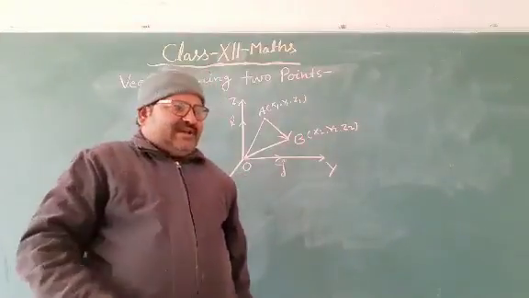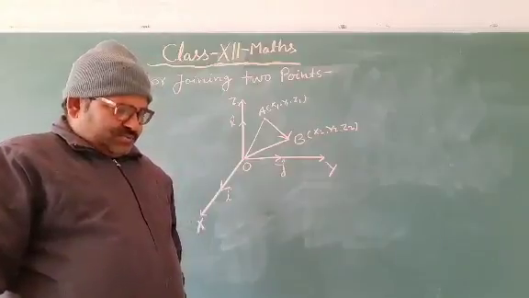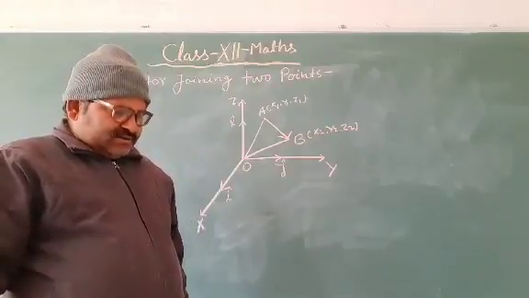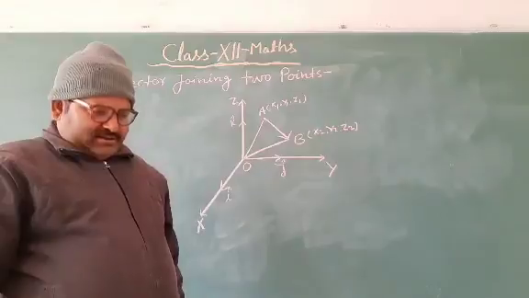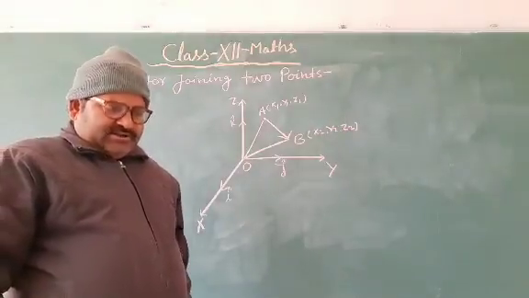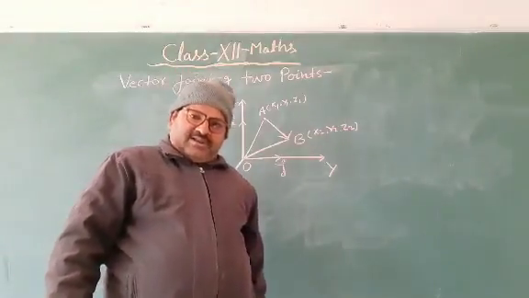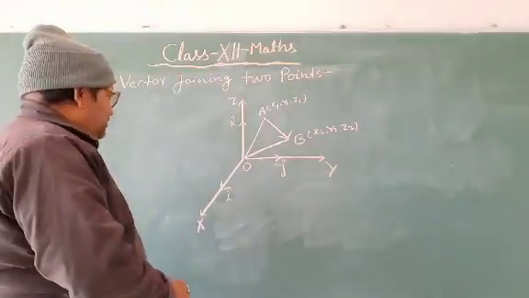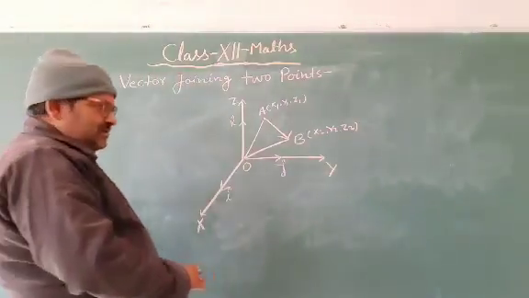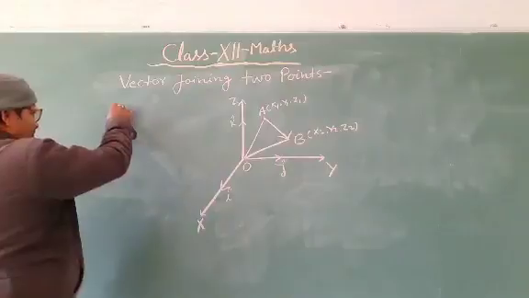Now the vector joining the two points A and B is the vector AB.